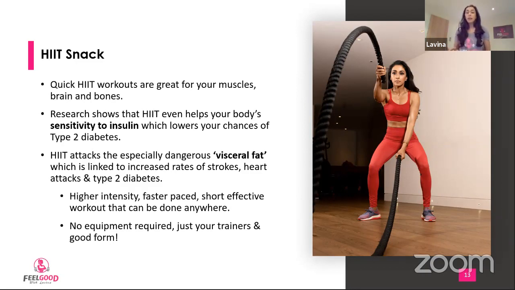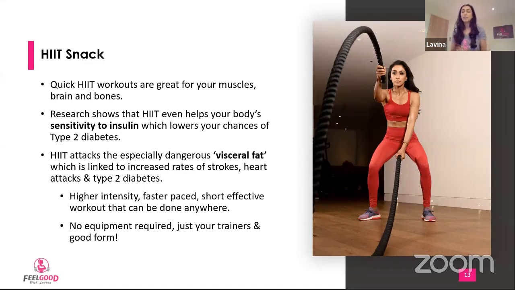But as we age, we do unfortunately see our Asian body types, a lot of us have larger stomachs, and that's visceral fat. That's the hidden fat that we can't see, that's especially dangerous. And doing a little bit of higher intensity work can actually be really, really effective. So keep that in mind.